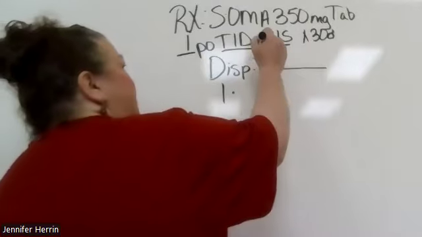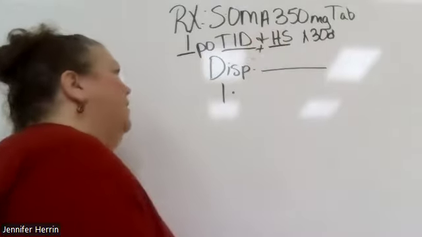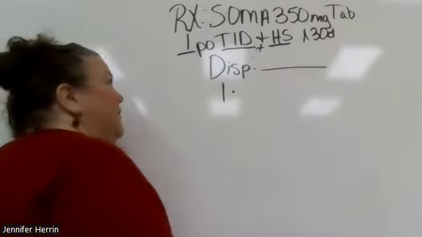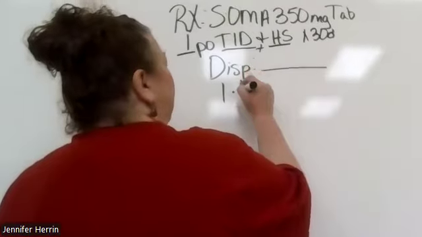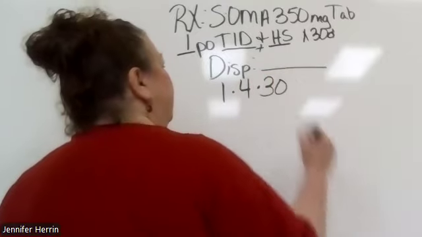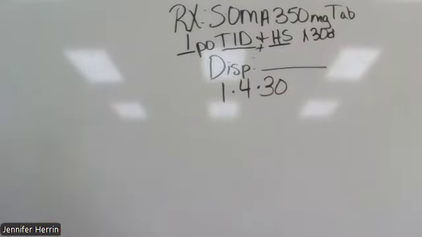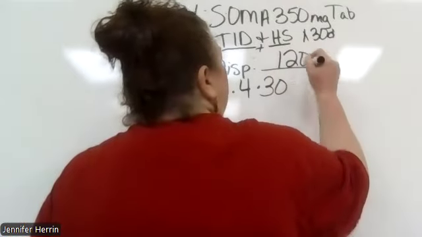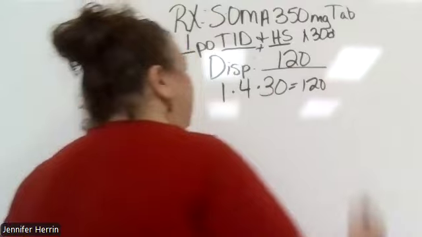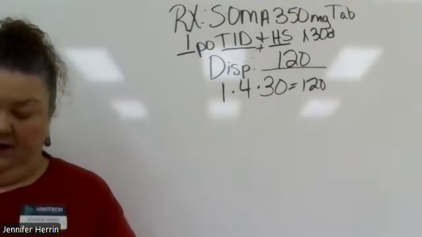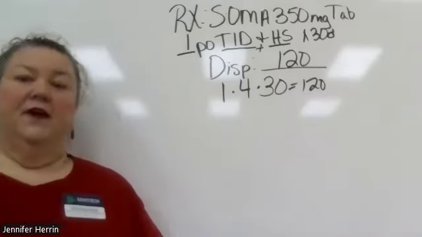So we have to add those two together. 3 plus how many times do we go to bed in a 24-hour day? Hopefully just once. So that's going to make our frequency 4. And then our duration is the 30 days. So our equation becomes 1 times 4, which is 4. 4 times 30, which is 120. So it would take 120 tablets to satisfy this order for 30 days.